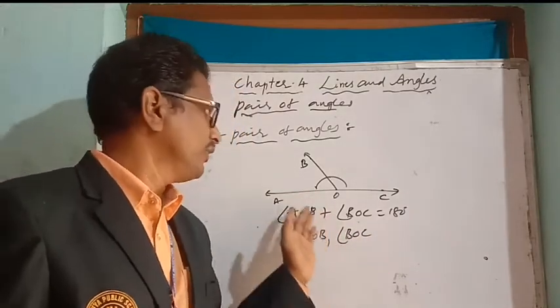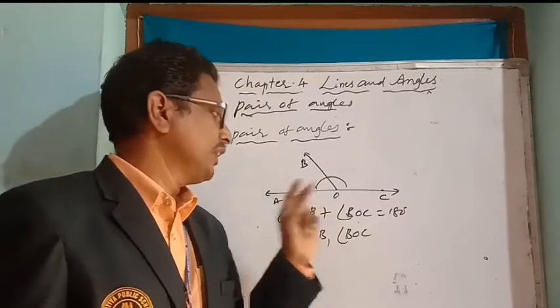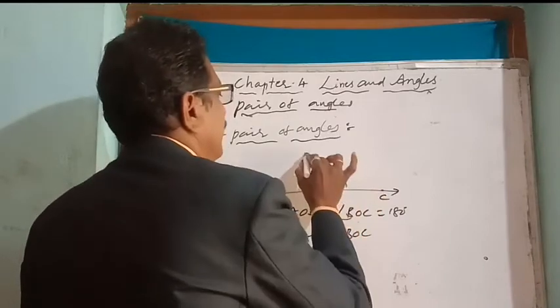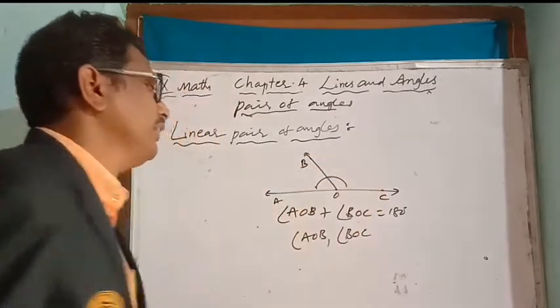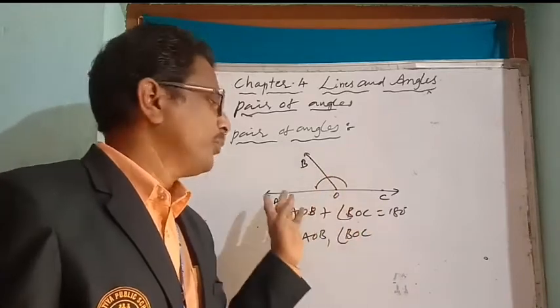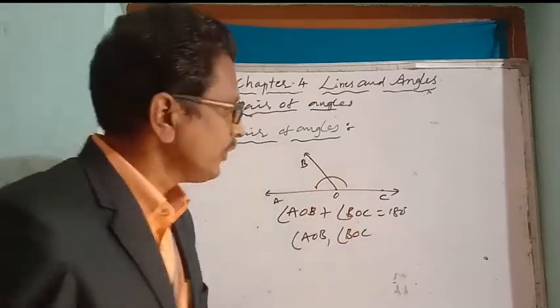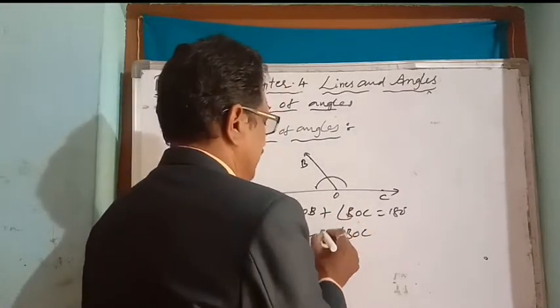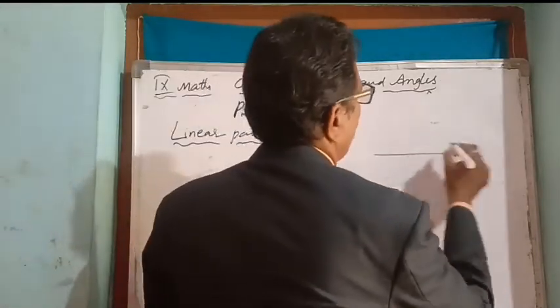When a ray stands on a straight line, the sum of the two angles equals 180 degrees. These are called linear pair of angles.